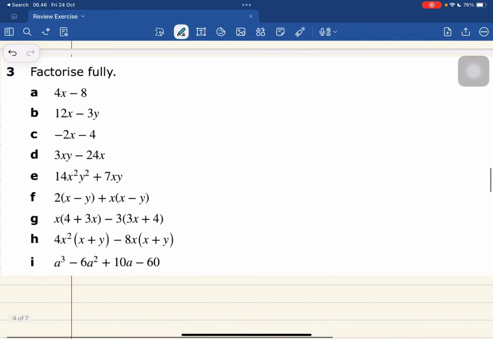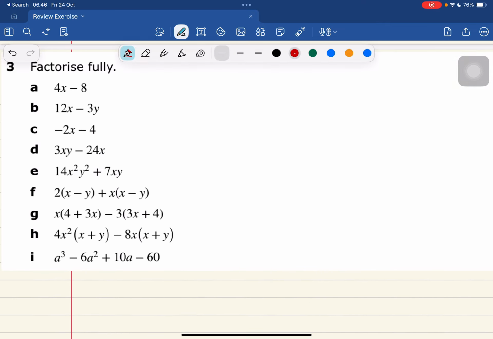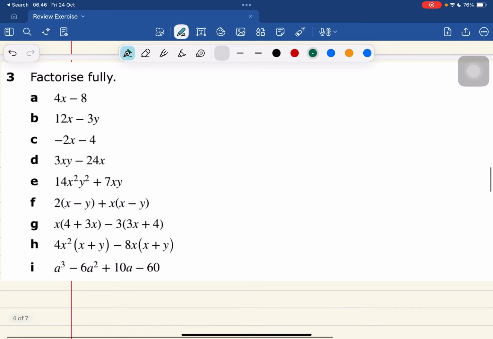Now is number 3. Fully factorize it. So look at the numbers 4 and 8. The highest common factor is 4, and this is x minus 4 times 2. Okay. Look at the numbers 12 and 3. Highest common factor is 3. So 3 times 4x, minus 1y.